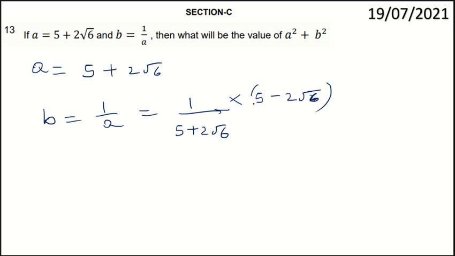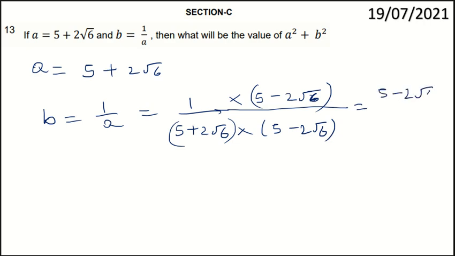So, 5 minus 2 root 6 will be multiplied to both the numerator and the denominator. So, 1 into 5 minus 2 root 6 is 5 minus 2 root 6 only, upon 5 plus 2 root 6 into 5 minus 2 root 6.